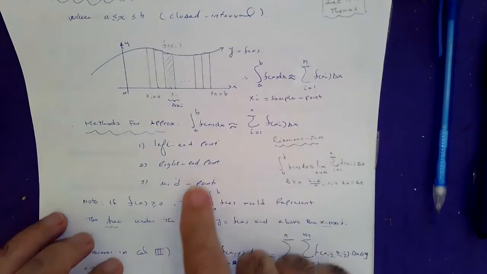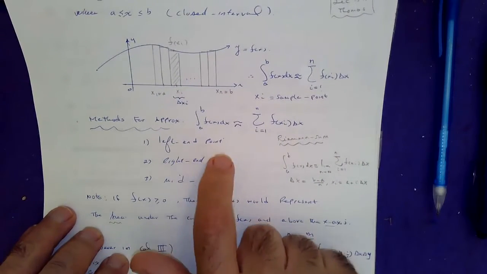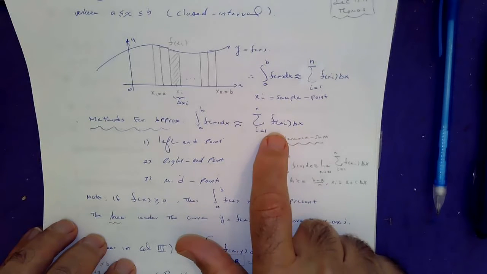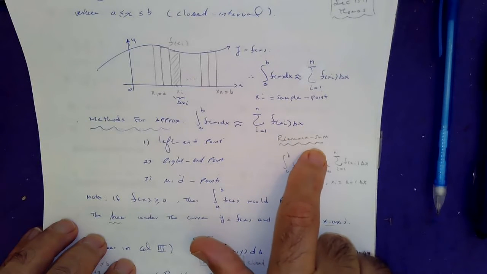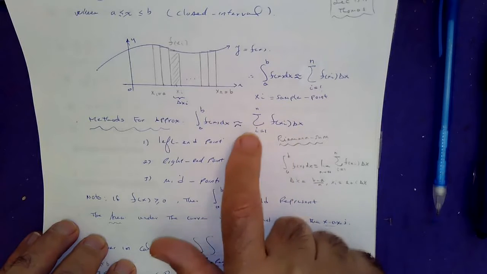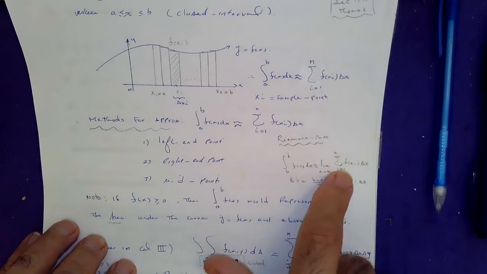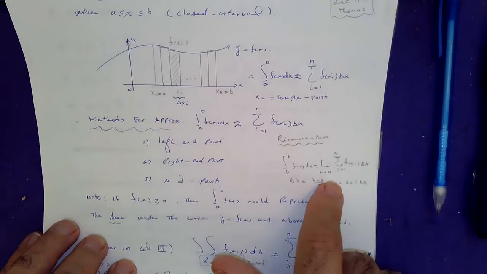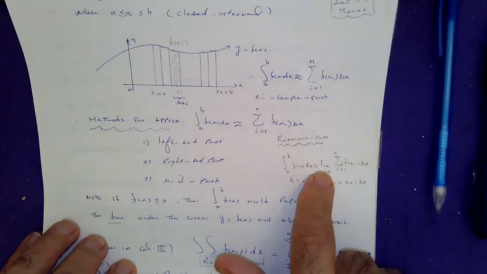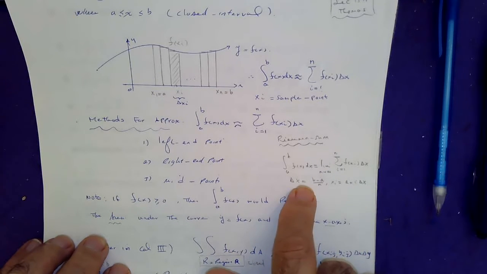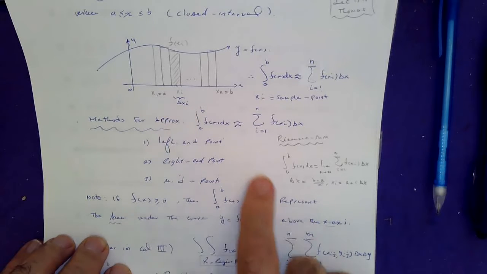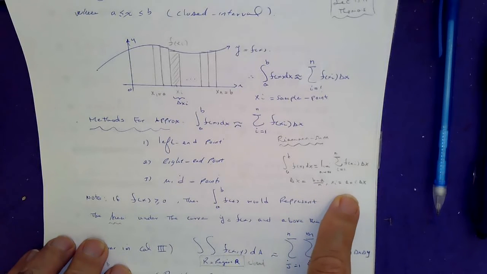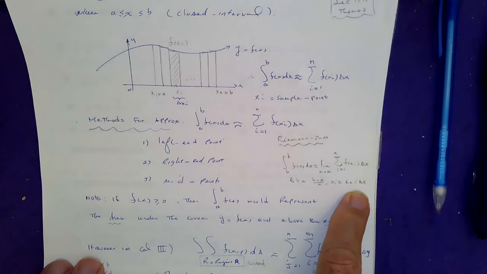The methods by which we approximated were left endpoint, right endpoint, and midpoint. And this summation was called a Riemann sum. In order to make this approximation exact, we had to take the sum of n many of these rectangles and let n approach infinity, where delta x, the width of each rectangle, would be b minus a over n, and x sub i would be a plus i delta x.